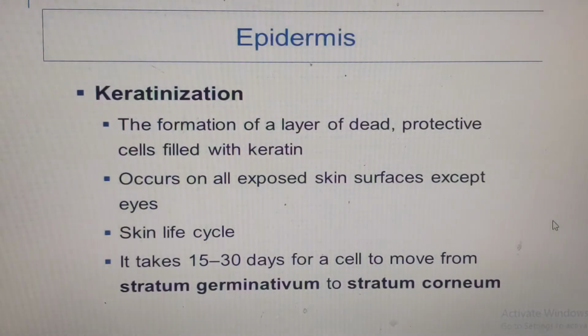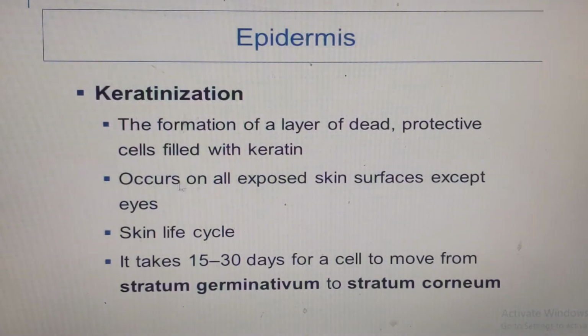Now, what is this keratinization we are talking about? It is the formation of a layer of dead protective cells filled with keratin. The cytoplasm will be filled with keratin, and the keratin is going to kill these cells. It is more in areas subject to a high degree of abrasion, and that is why keratinization in the palm and the feet is more than on the forehead.